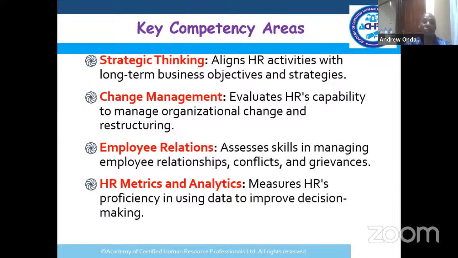Gradual introduction of change. For example, we want to introduce a new system like ERP, Enterprise Resource Plan. In order for us to ensure that this change takes place, one, we train the people on the ERP. Two, we pilot test it before we fully implement it.